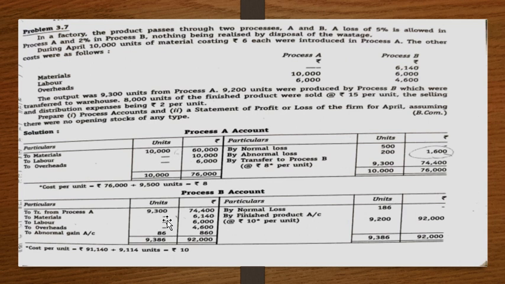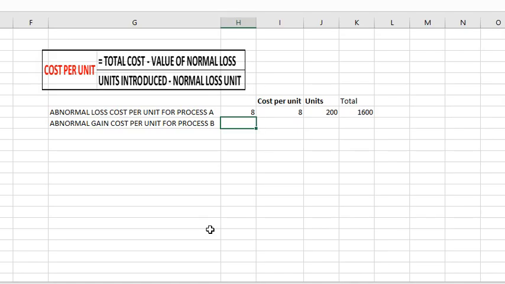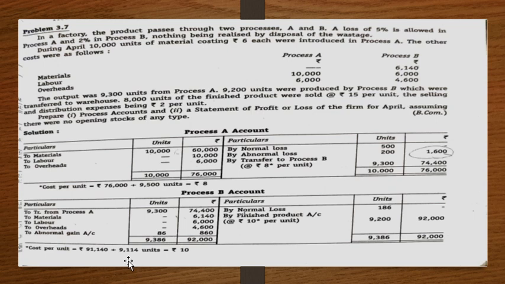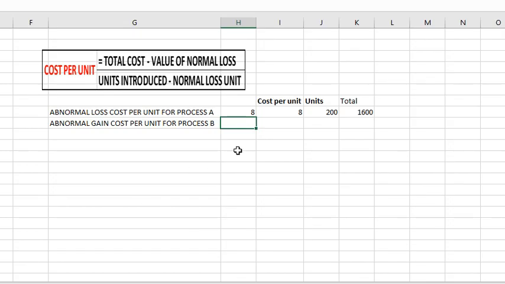That will give you 91,140. So the total cost is 91,140. So 91,140 is the total cost minus the value of normal loss.